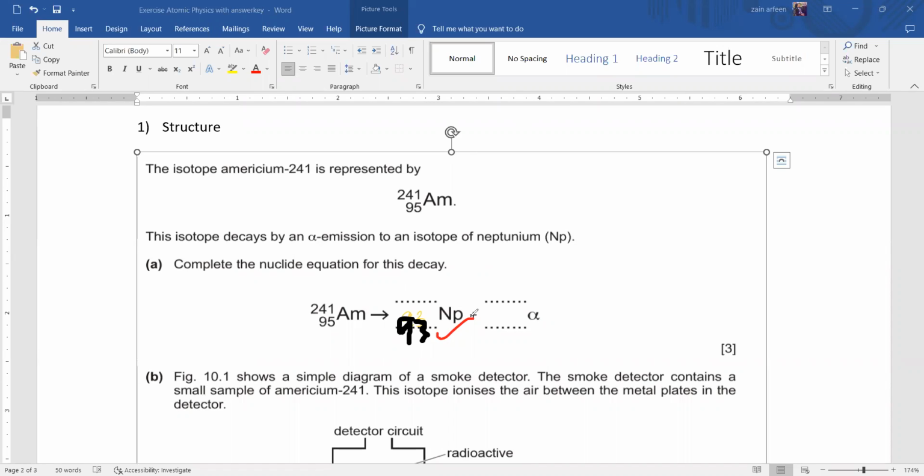If it is 241, the nucleon number decreases by 4. So 241 minus 4 is equal to 237. And the nucleon number for the alpha particle is 4, and the proton number is 2.